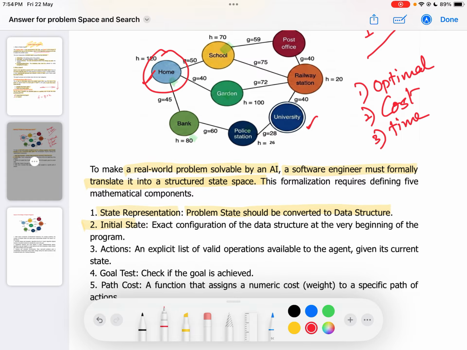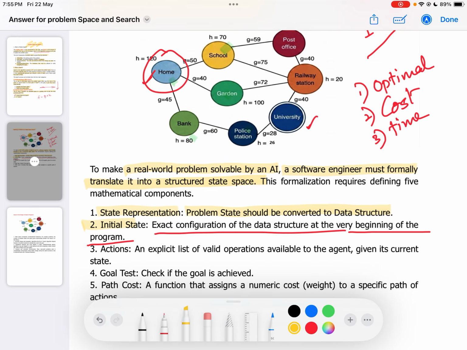For Amazon, it is the warehouse. Okay, and the configuration data structure at the very beginning of the program should have the exact map and the exact number of products that should be delivered today. Okay, that is the initial state.